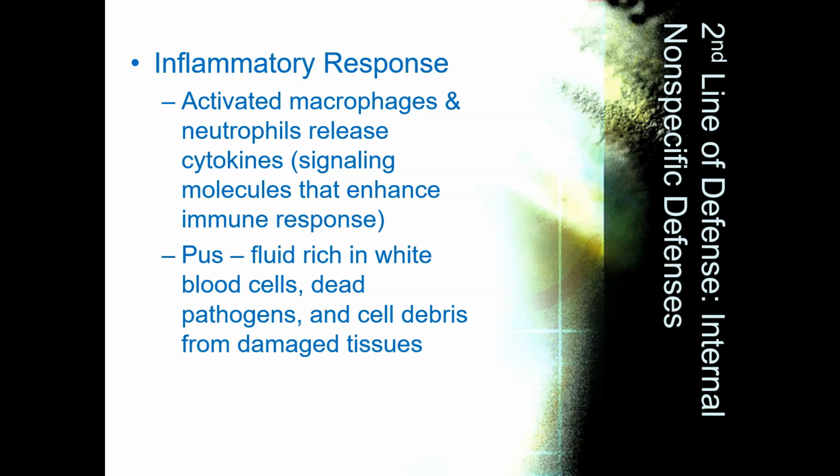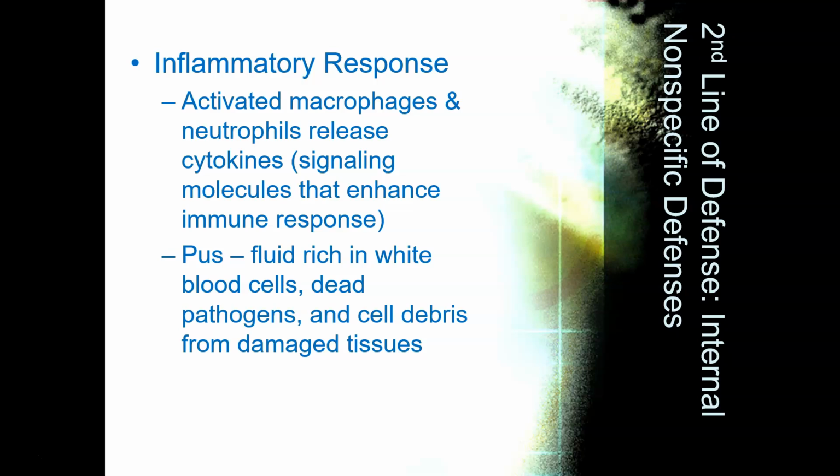In addition to activating those mast cells, we will also activate your macrophages and your neutrophils. These guys will release chemicals called cytokines. These cytokines are signaling molecules that also help to enhance your general immune response. So cytokines for now, they're signaling molecules. It's a big category of molecules. We'll come across them when we get more in depth in cellular communication later this year.